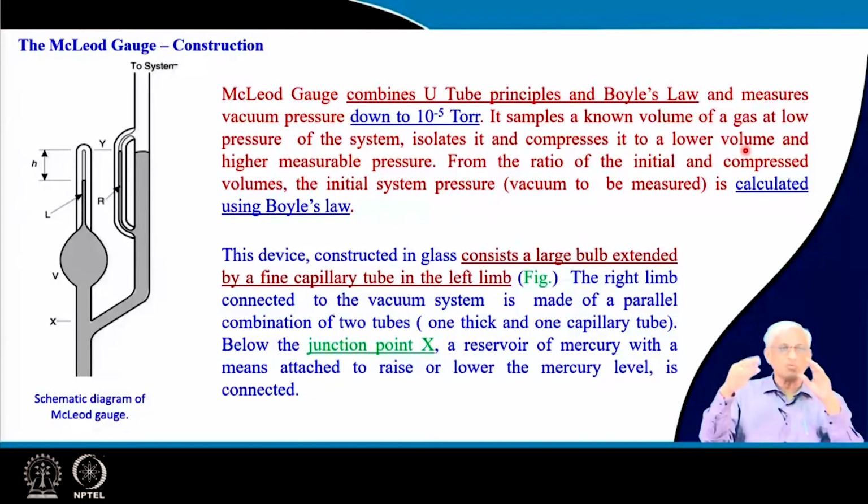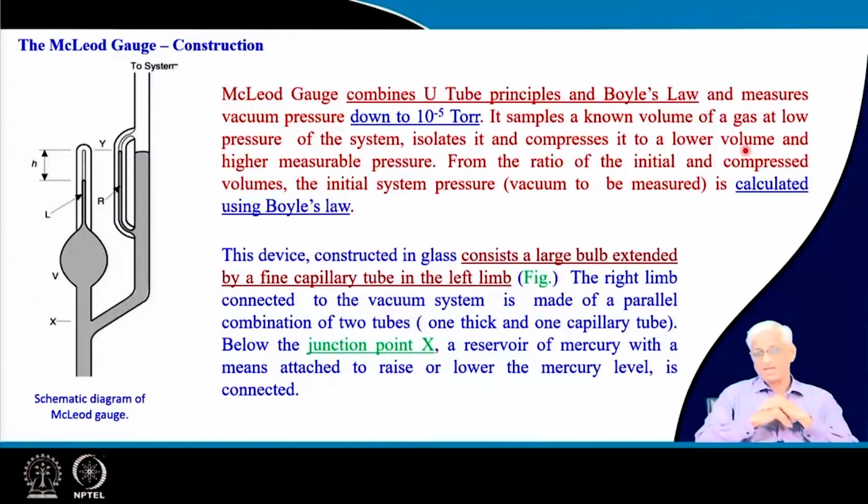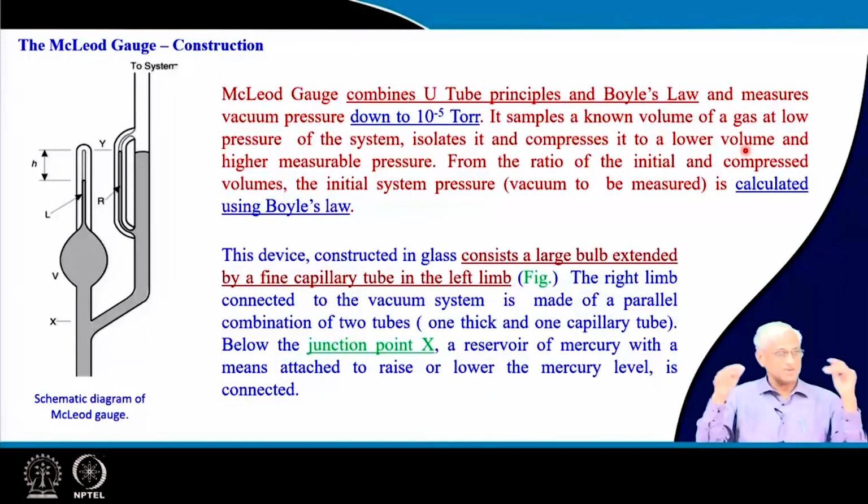P2 minus P1, force concepts, Pascal's ideas, it is fine. But what else? He has combined Boyle's law. By that time Boyle had discovered his law: if you maintain a constant temperature, P1 V1 is equal to P2 V2.